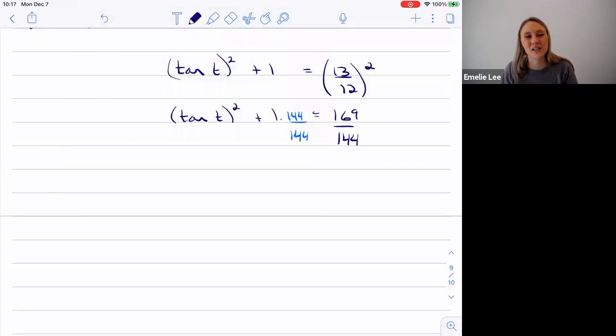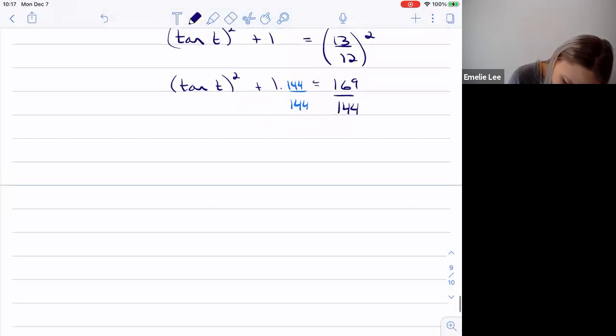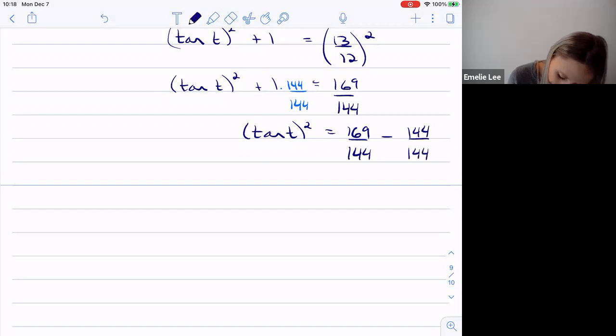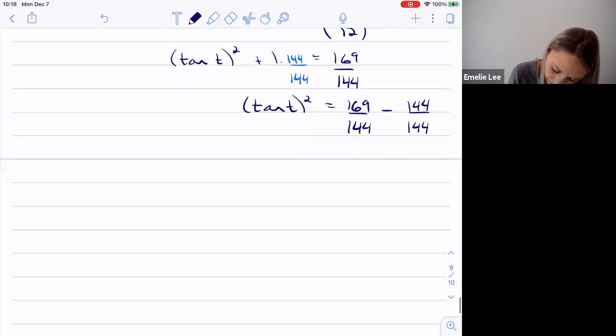So tan t squared is 169 over 144 minus 144 over 144. 169 minus 144 is 25.